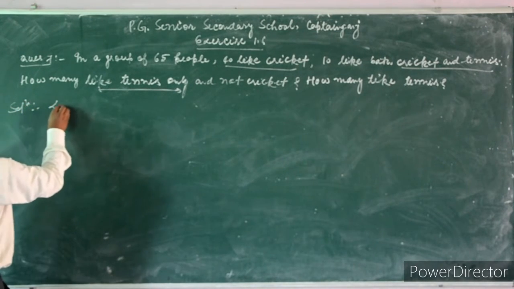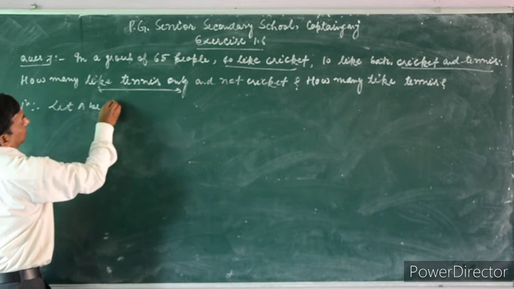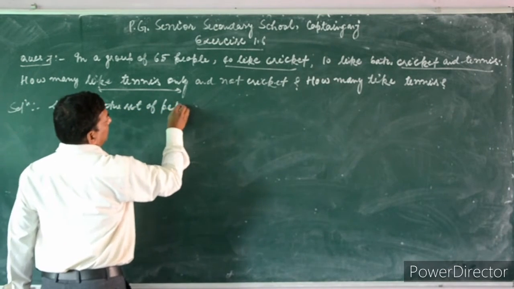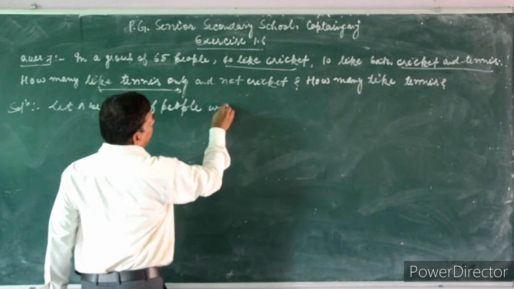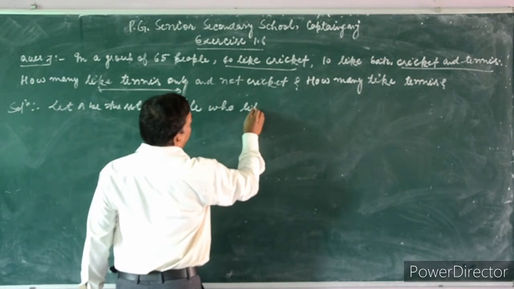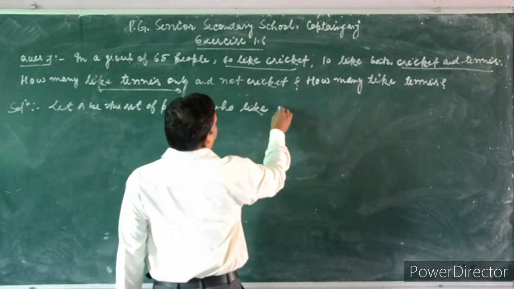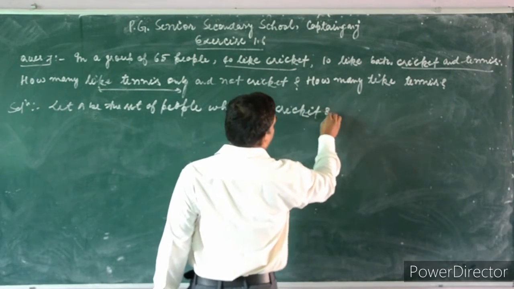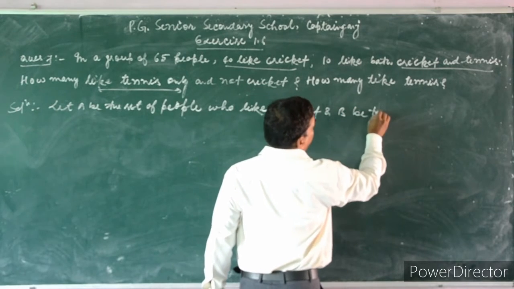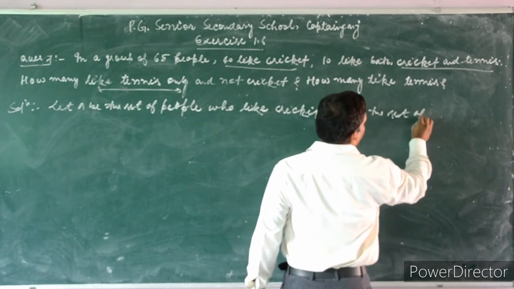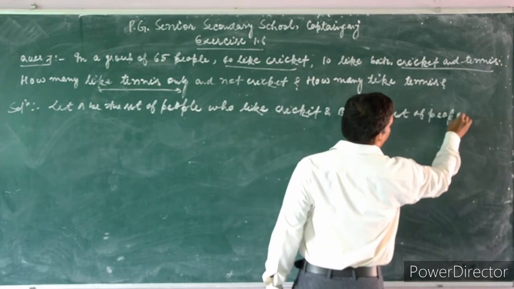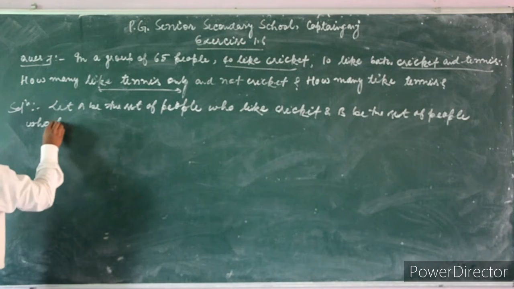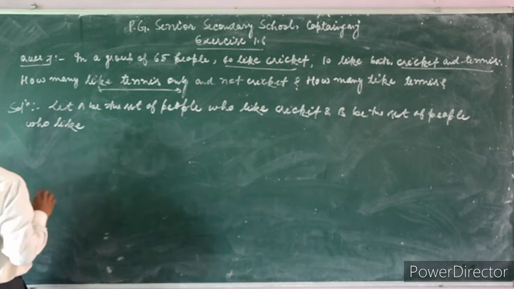Let A be the set of people who like cricket and B be the set of people who like tennis.